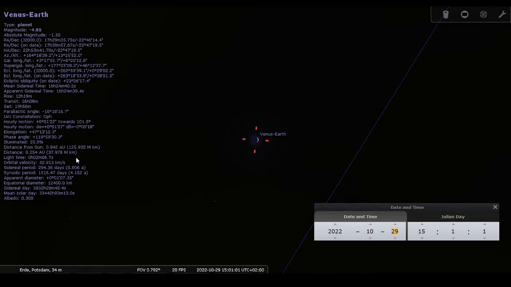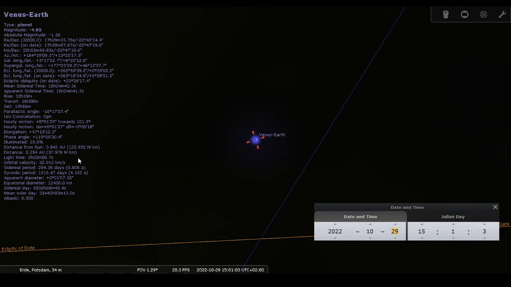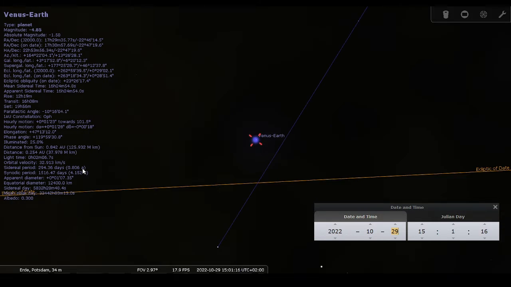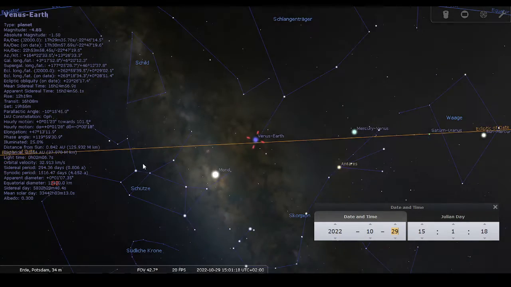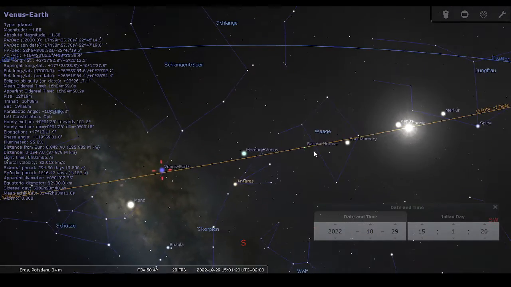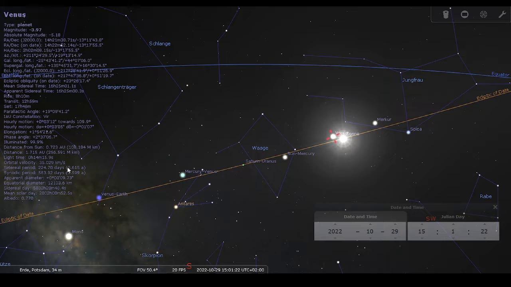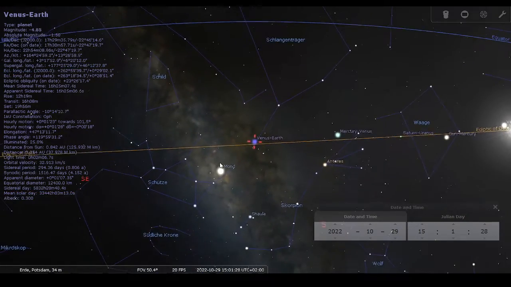So this difference is going to be very small, and because that is a denominator, the value is going up. So there is a rather high synodic period of more than 4 years. In comparison, Venus has a synodic period of 584 days, so that's more than twice as long.